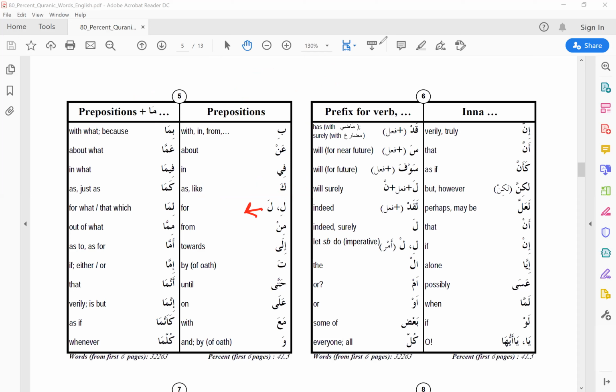Okay, so li, and there would be a noun after it. Li Maryam kada. For Maryam, she would get this. So li would mean that something belongs to that person.